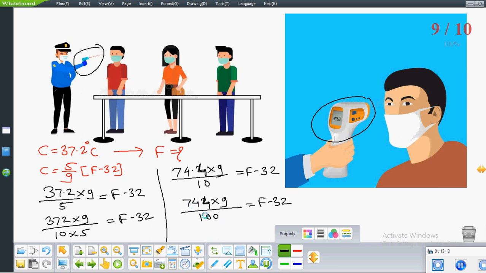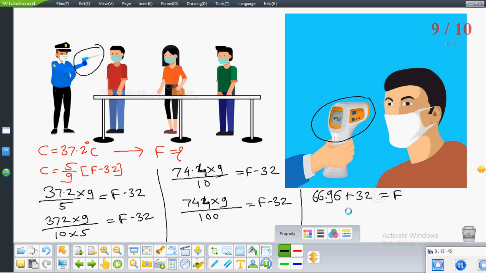Here 9 fours are 36, remaining 3. 9 fours are also 36, 36 plus 3 is 39, remaining 3. 9 sevens are 63 plus 3 is 66, divided by 100, so that will be 66.96 plus 32 equals F.